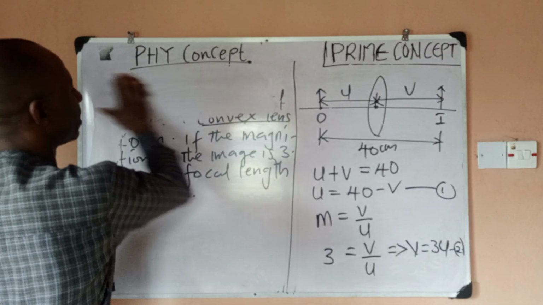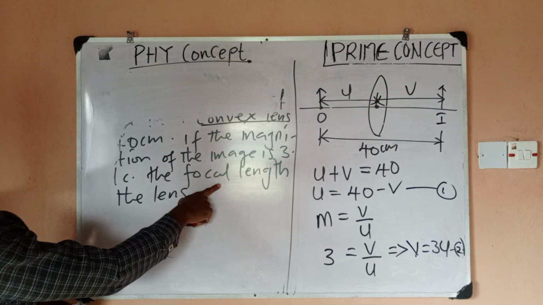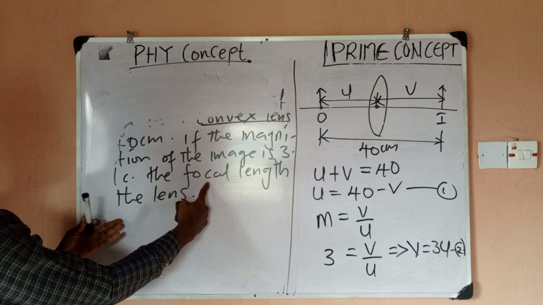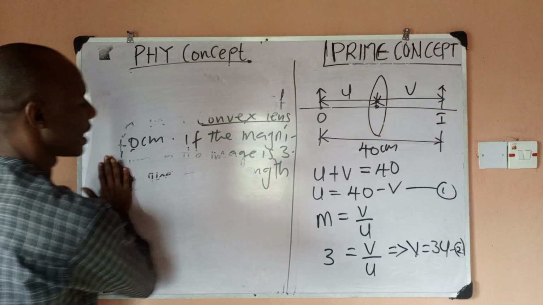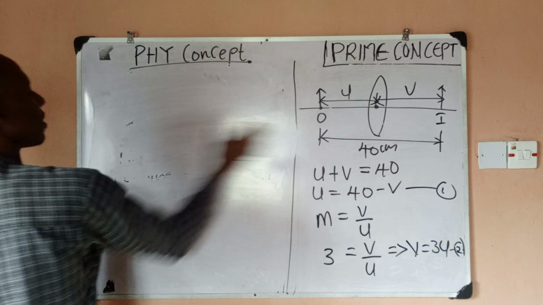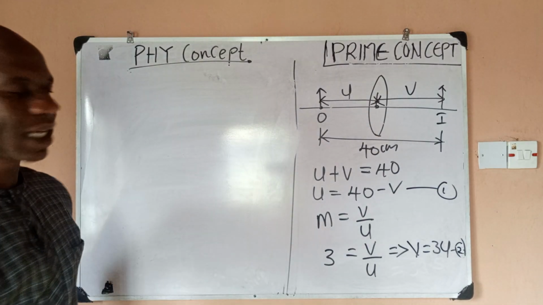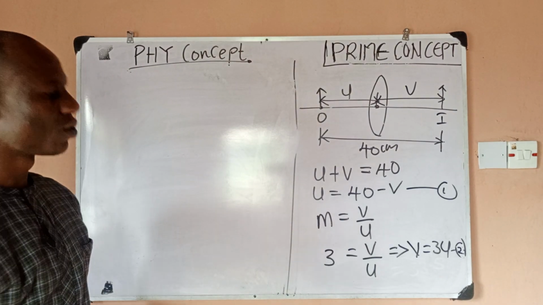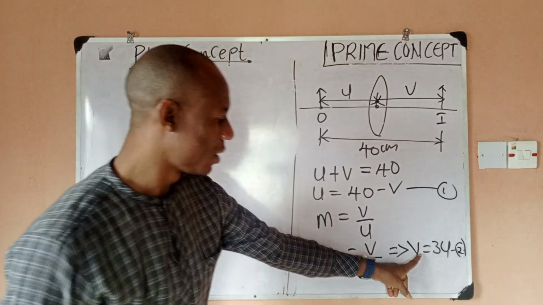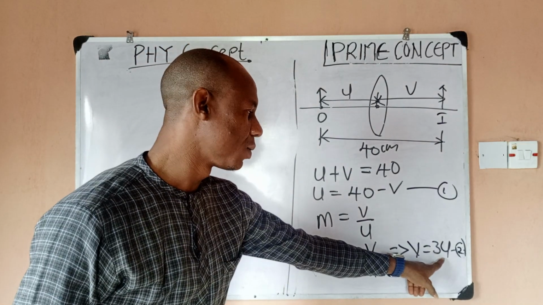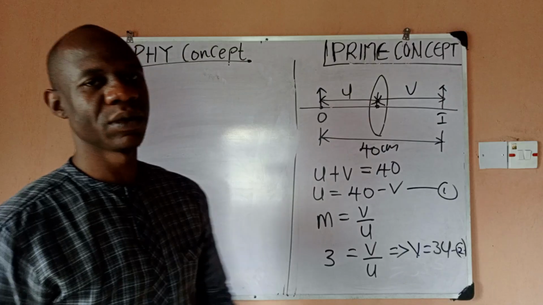So you can see that now the question says calculate focal length, so we don't lose the focus. Calculate focal length of our lens. So we're trying to find F. Now, if we follow up with the equations we have been able to generate, I can simply note that V is 3U, and then I'll replace this V here with 3U.